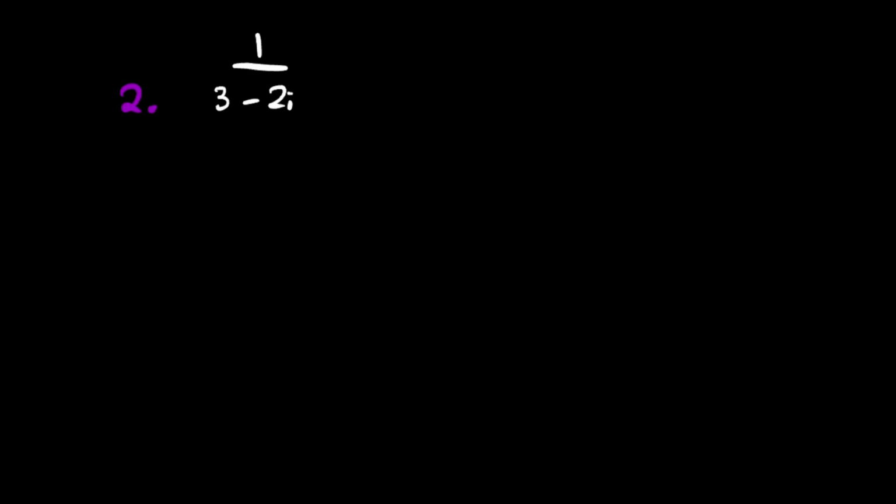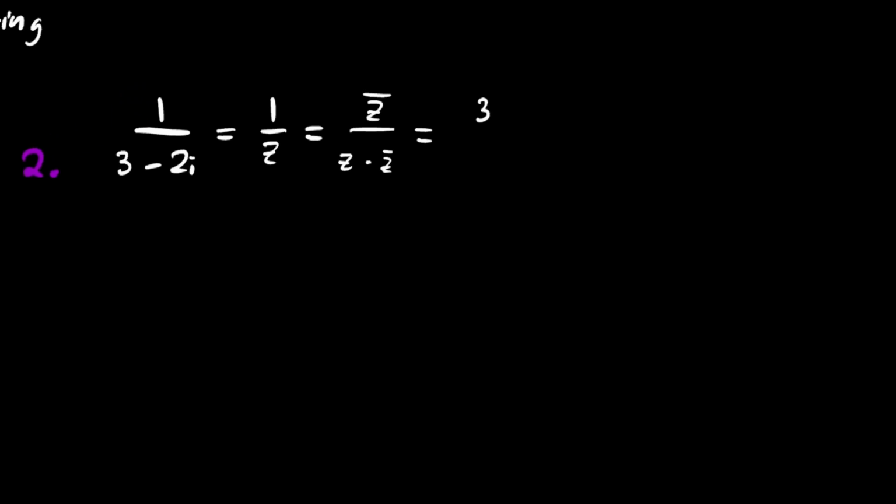So we start off by doing essentially this. And then we multiply: we get the conjugate on top, and normal on the bottom times conjugate on the bottom. That means we're going to have 3 plus 2i, because remember, if it's 3 minus 2i, then its conjugate is going to be 3 plus 2i. So we're going to have that.